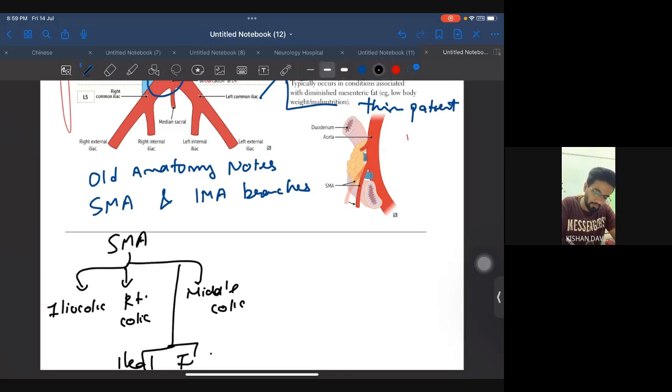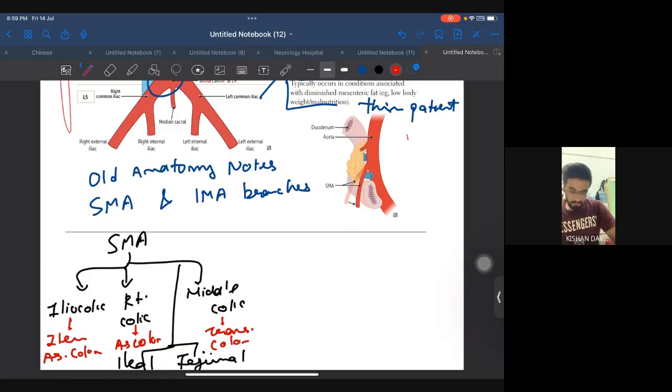So you can write it down if you don't have your notes with you. Ileocolic will supply the ileum and ascending colon. Right colic will supply just the ascending colon because it is present on the right side. Middle colic will supply the transverse colon.